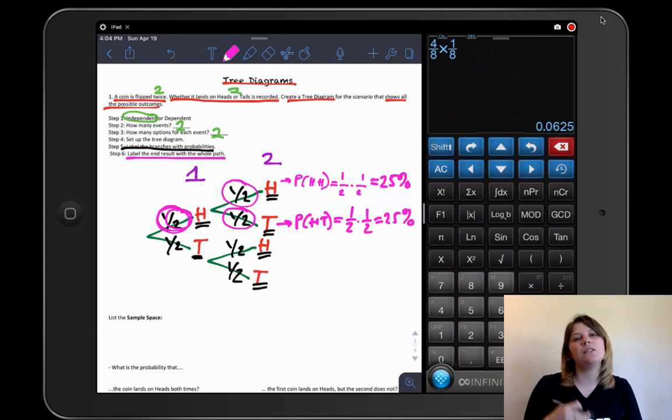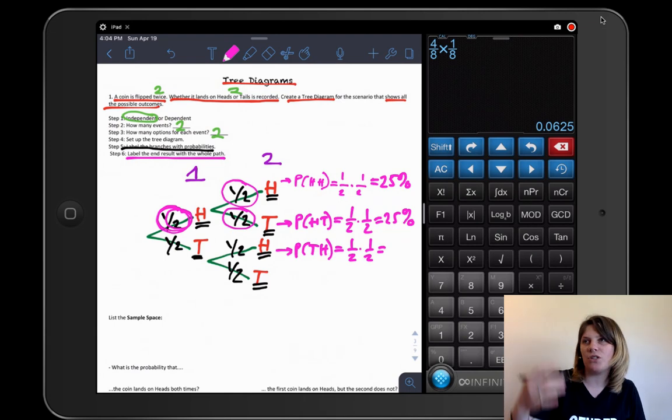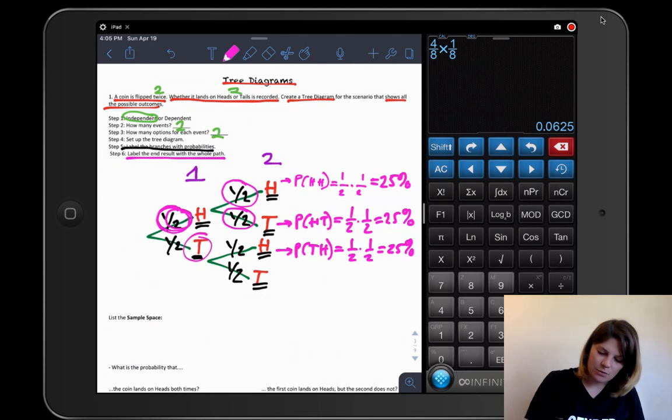Now, like I said, this is the most simple scenario. It's the one where everything is all the same. Not all of our scenarios that we run into are going to be like this. Some of them are going to have all different outcomes. You're going to have different probabilities on each branch. So we started with something very simple, but it does get a lot more complicated. So that one represents this 1/2 times this 1/2.